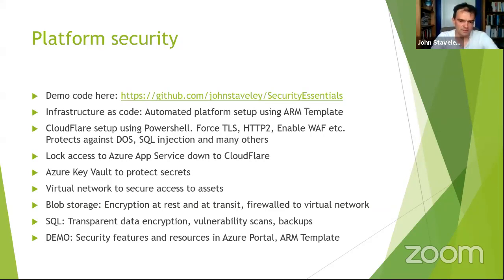But we set up a template that's got this already. So you've got something that's best in class that you can just steal and reuse and get a better baseline of security. With SQL Azure, you've got transparent data encryption, automated vulnerability scans once a week, and automated backups for that availability component.